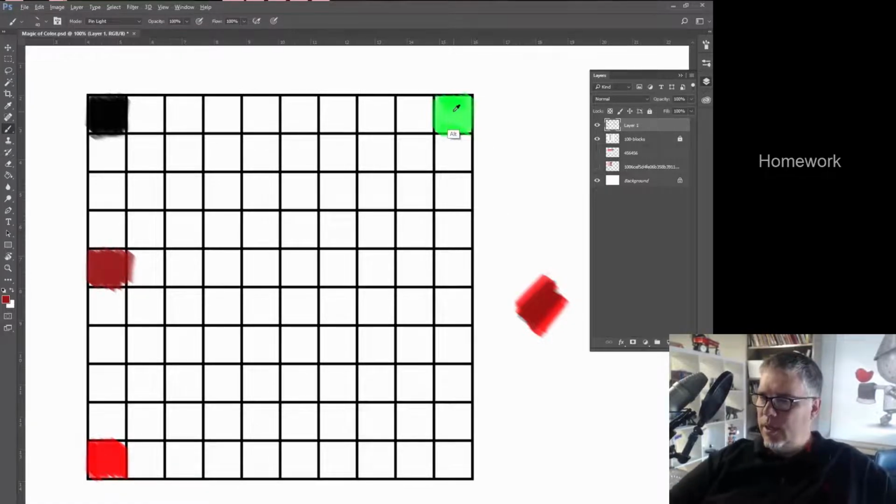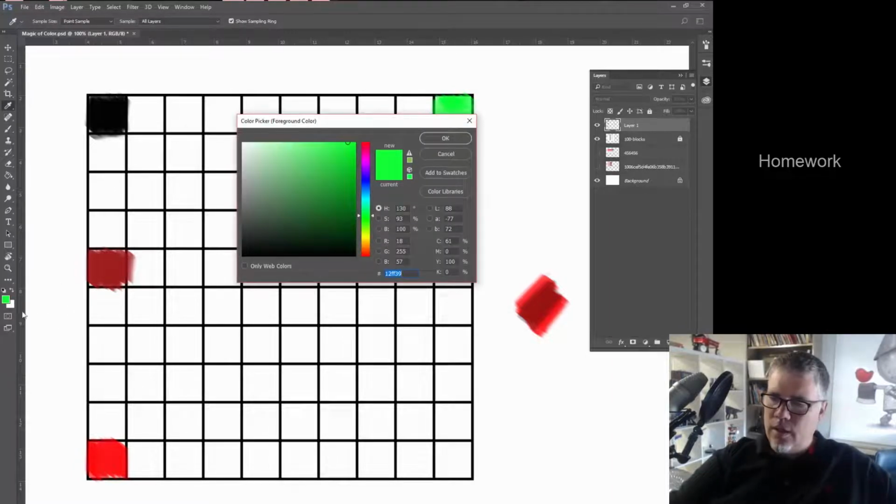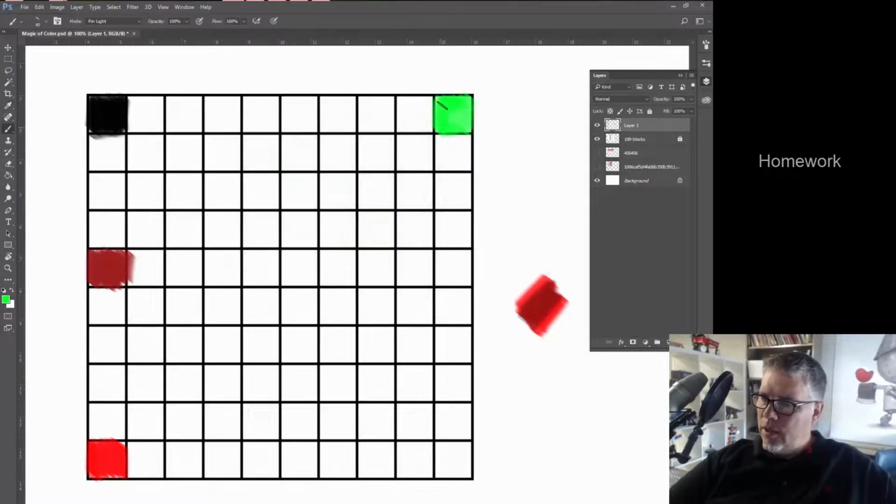And then we'll do the same thing over here on this side. You know, I don't know if I got that totally. I want to make sure I have that really saturated. So we do the same thing over here. Shoot for the middle.